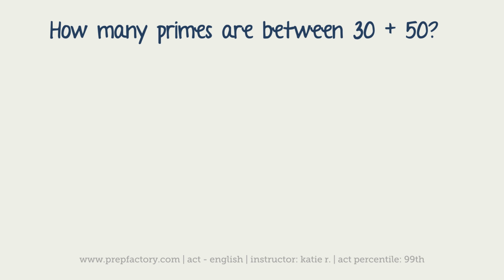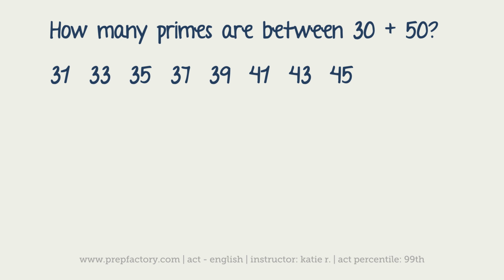So if you're going to list out all of these numbers, you wouldn't start with 30, you wouldn't count 32, but you would count all the odd numbers. So I would say 31, 33, 35, 37, 39, 41, 43, 45, 47, and 49.